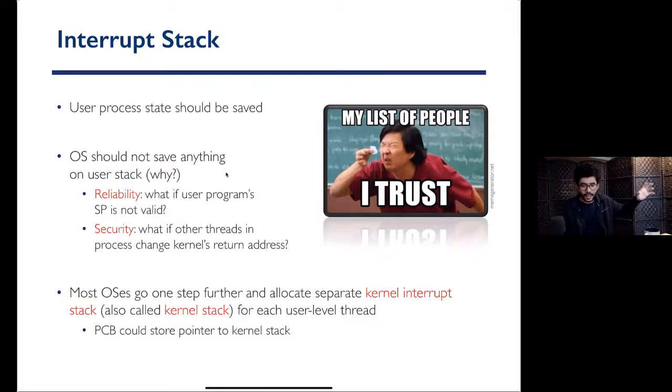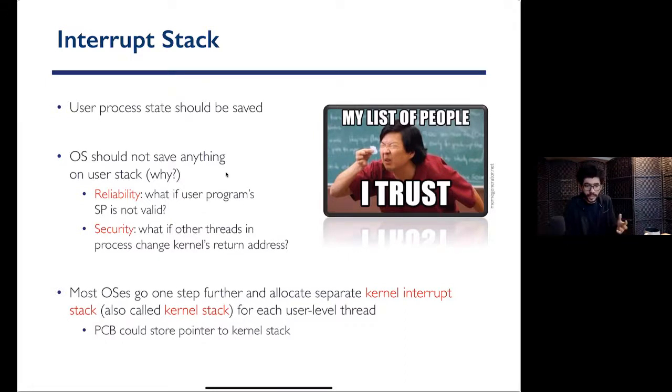Anytime you call a system call, I'm going to use your kernel stack. Every time an interrupt happens while I'm running your code, I'm going to use the kernel stack that I designated to you. So each user thread gets its designated kernel stack inside the kernel memory.